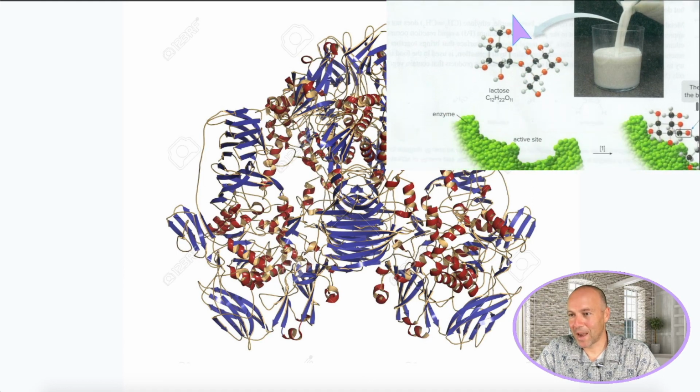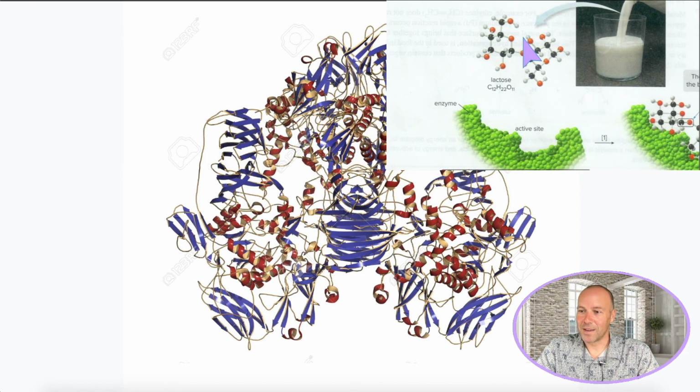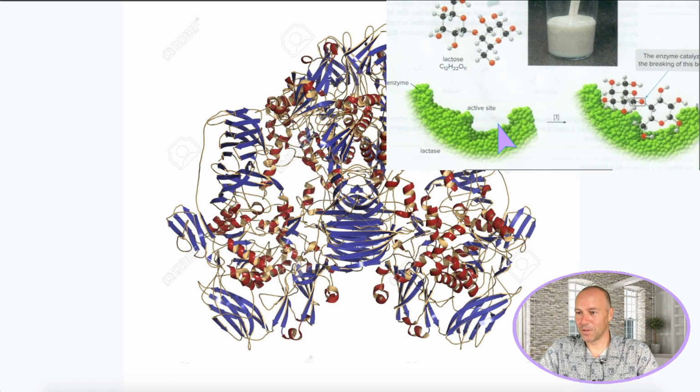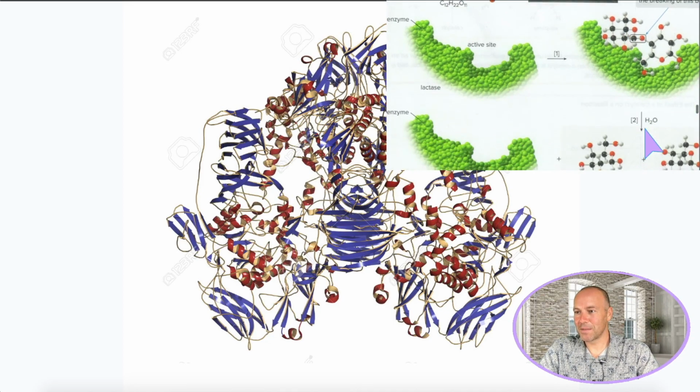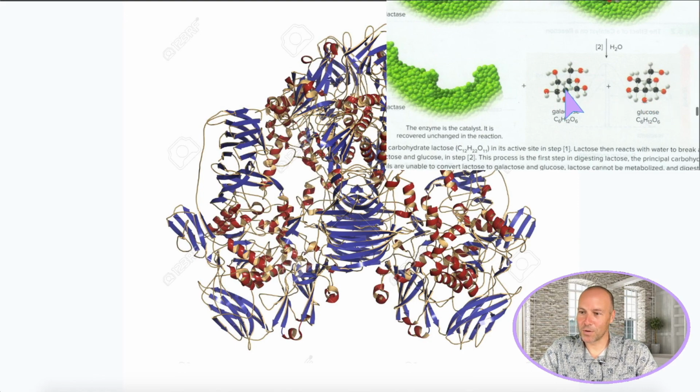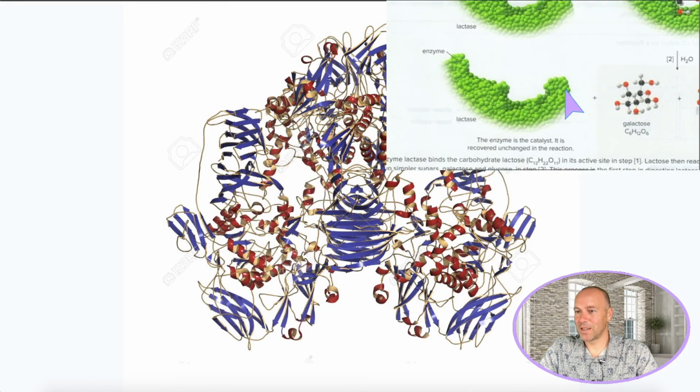Here's your lactose sugar that you'll find in milk, and once you consume this, your body likes to break down sugars, and the enzyme which helps it do it is lactase. The molecule attaches to the lactase enzyme, and then it breaks apart into the two simple sugars, glucose and galactose, and then it detaches and you get your enzyme back. So enzymes are pretty cool.